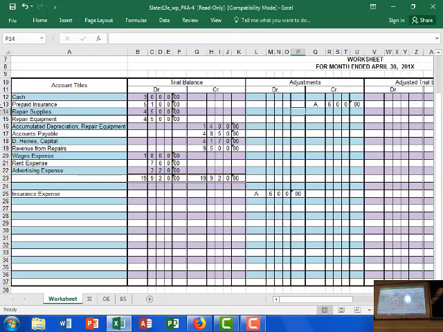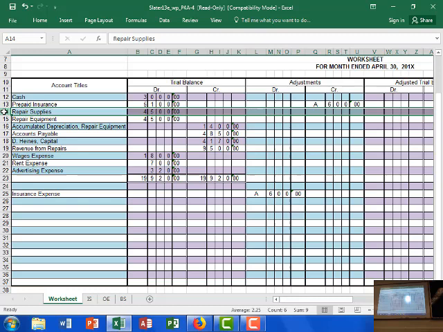We have how much repair supplies? $4,500, right? On hand, how much do we have? $2,400. So how much was used? $2,100. So what do we need to do?